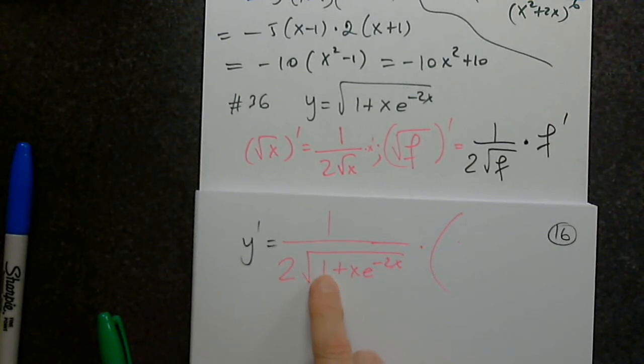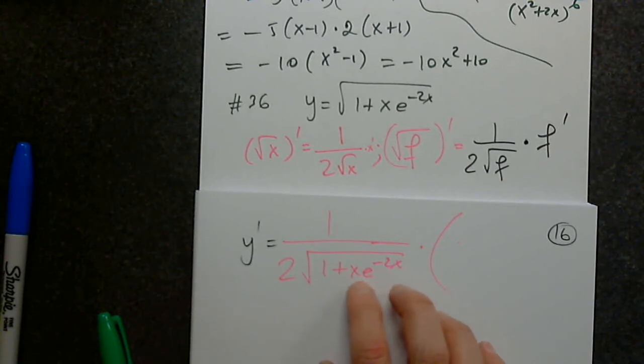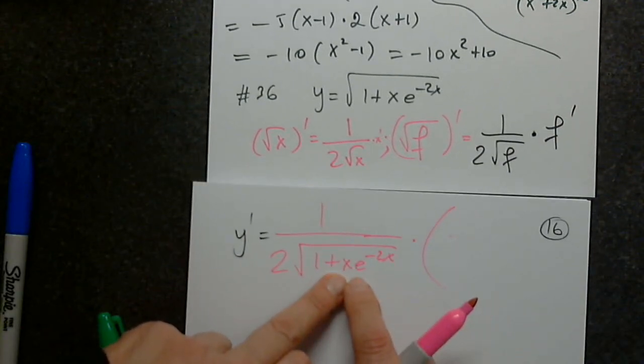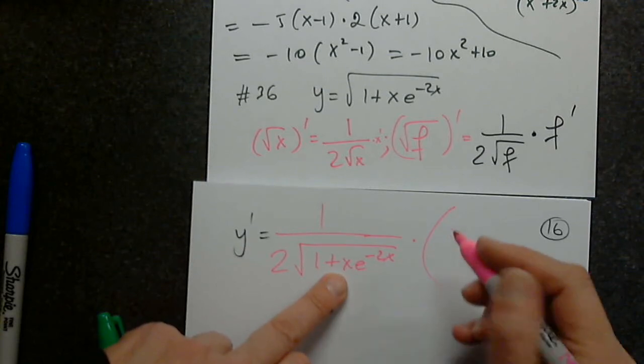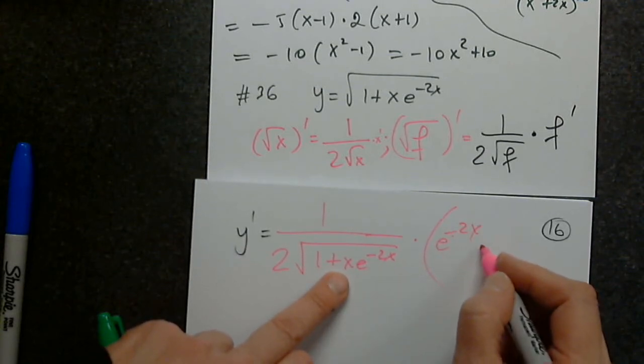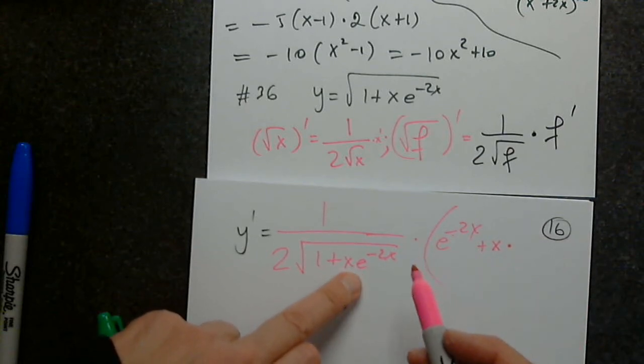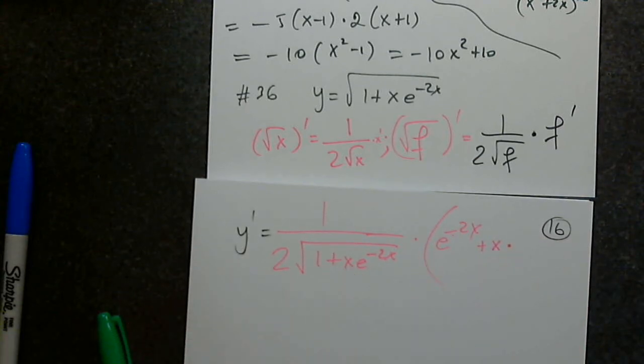When I differentiate 1, what do I get? 0. But now I have to differentiate a product. So times the first function prime, e to -2x, plus the first function times e to -2x prime. The power is not plain x.